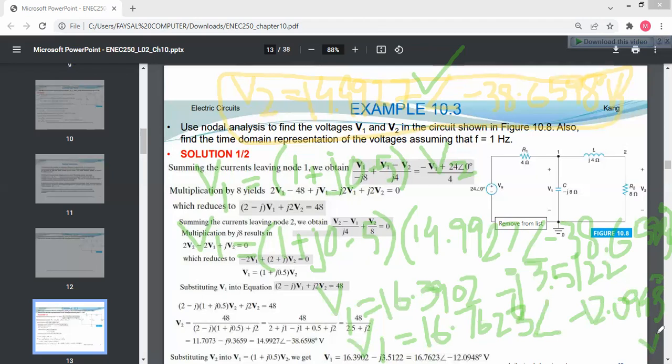So this is the value of V1 and V2 for my system by using nodal analysis. So this is the complete solution of this numerical 10.3.